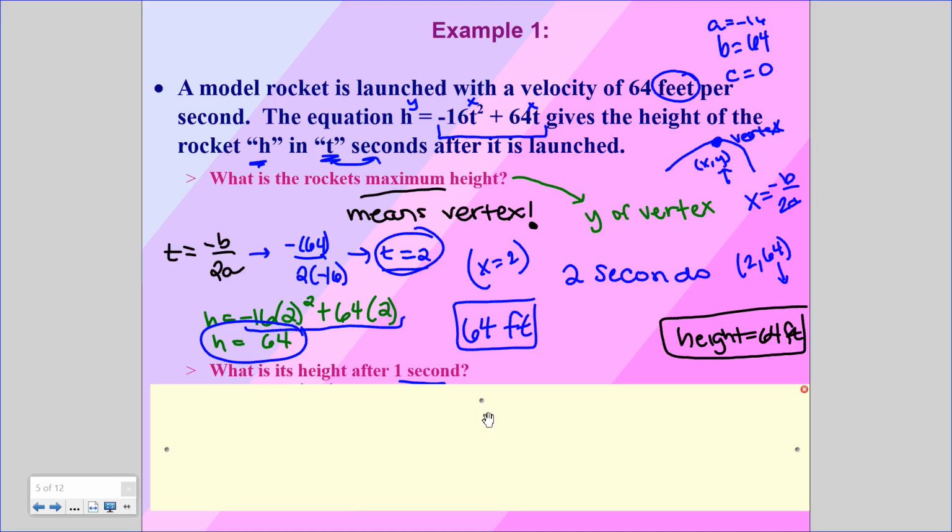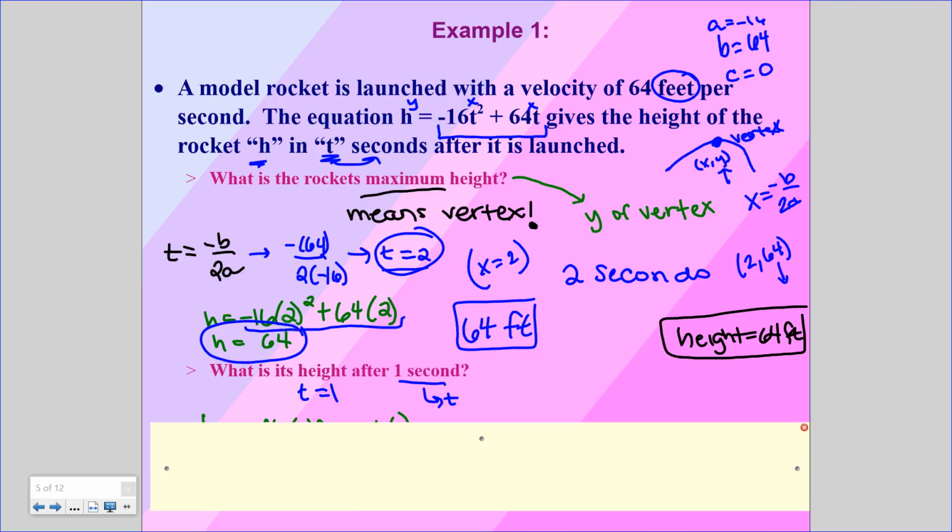All right, let's add on to this. So now we're asked, what is its height after 1 second? When you're being told to find a value at a certain time in this situation, what you need to think about is, which variable does 1 second go in the place of? A second is a unit for time, meaning that this is really asking us to find h when t equals 1.